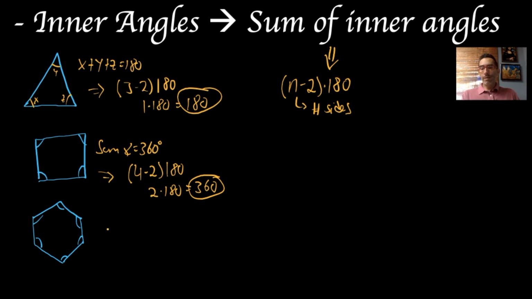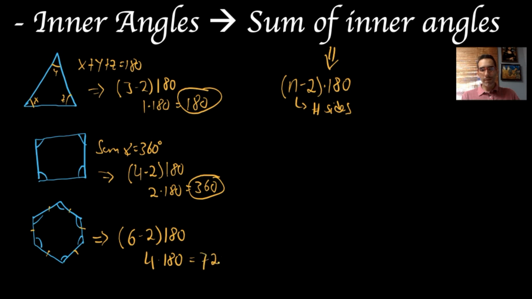Let's apply this concept to this figure that we didn't really know. So we apply n minus 2. Now, what is the value of n here? The number of sides. We have 1, 2, 3, 4, 5, 6. This is a hexagon. So we have 6 sides. So it will be 6, the number of sides, minus 2, times 180. 6 minus 2 is 4, times 180.